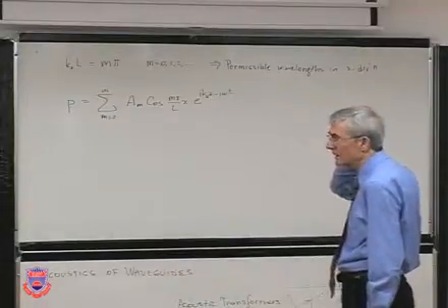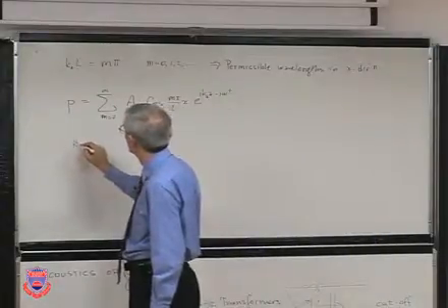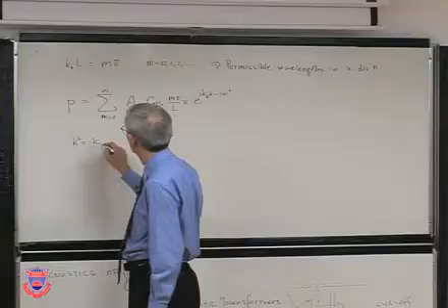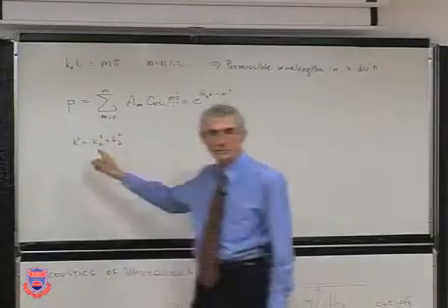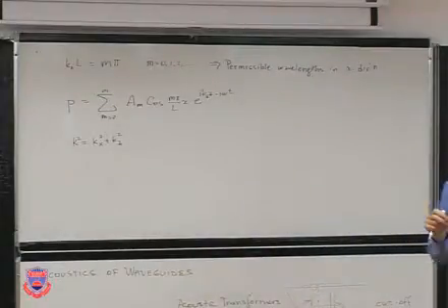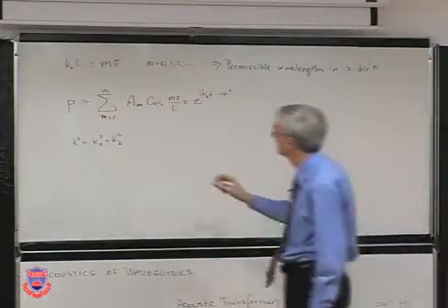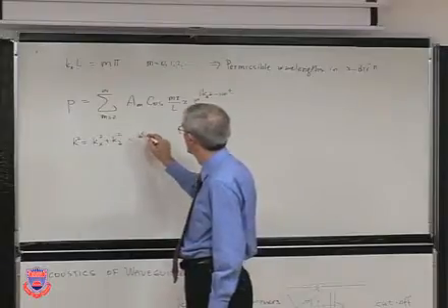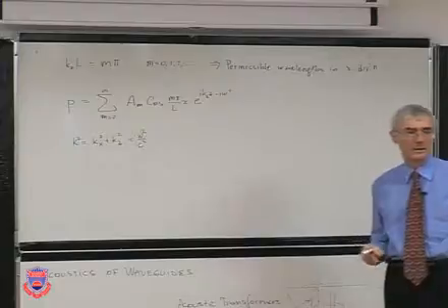Now, there's an interesting issue here: we remember the components of the wave number. The sum of their squares should be equal. Okay.